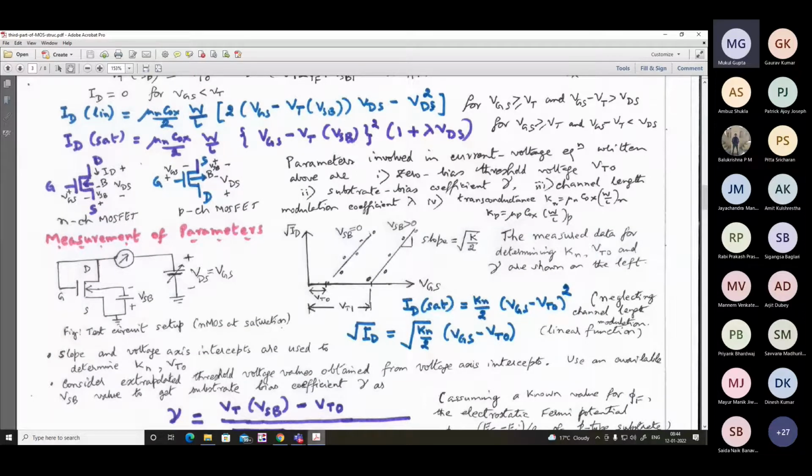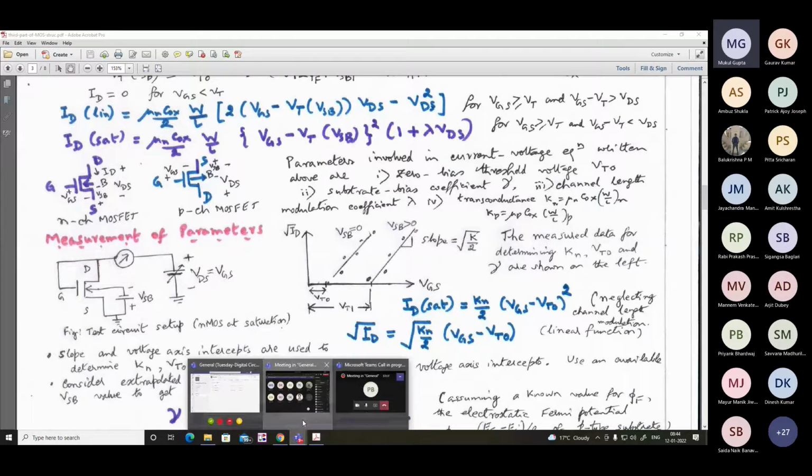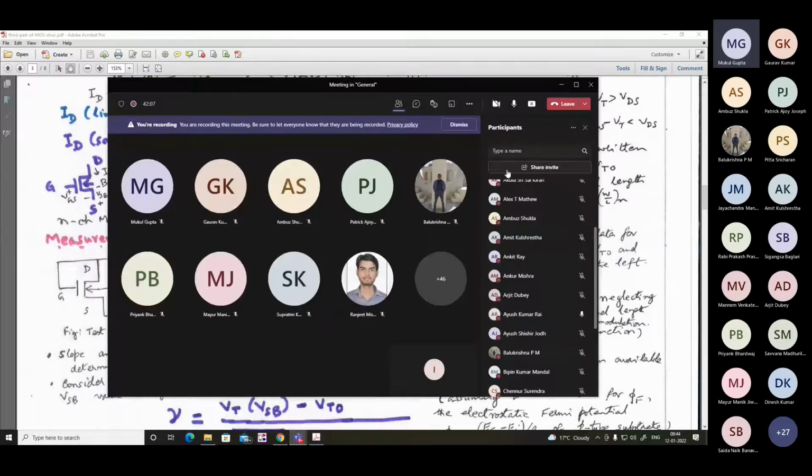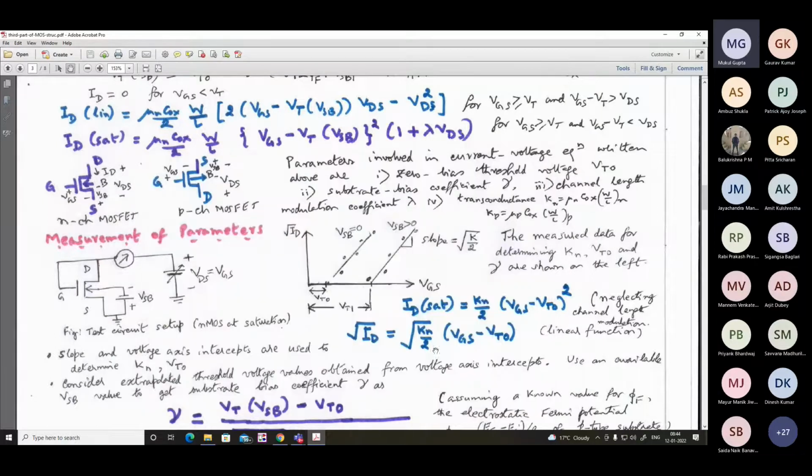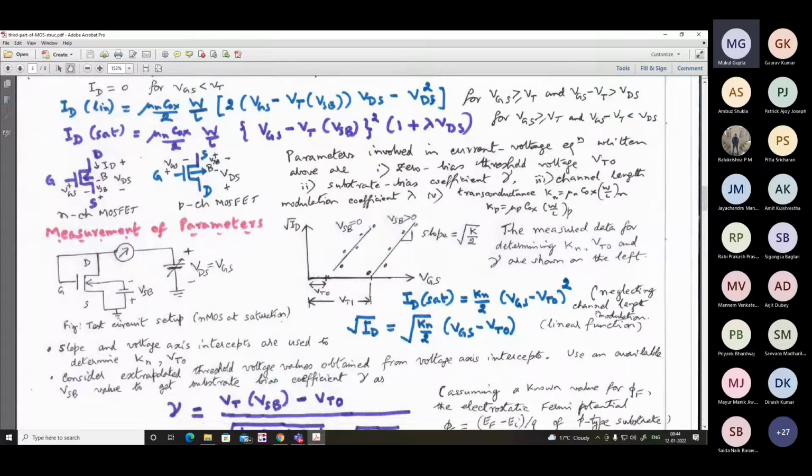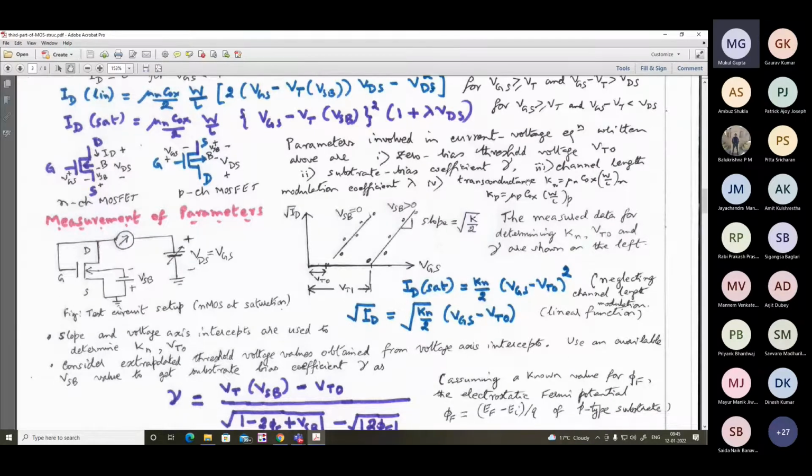Any doubt? Yeah, please. Why lambda equal to 0? Yeah, that is to make matters simple. That means lambda is taken to be 0 because in general lambda is much less than unity. So when you are calculating the other parameters, lambda you leave out.